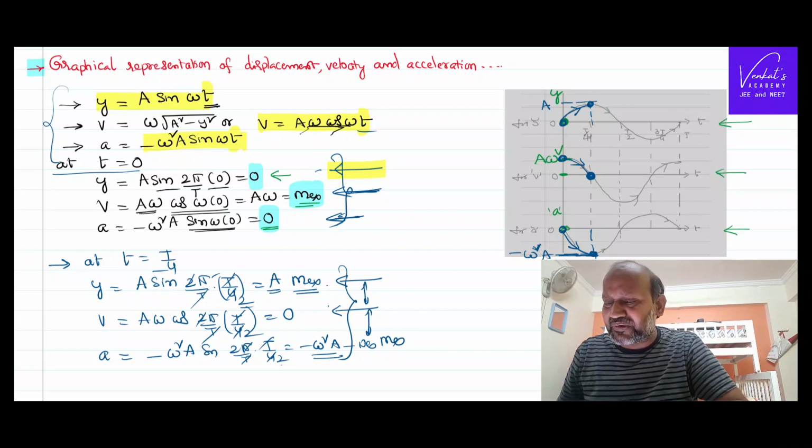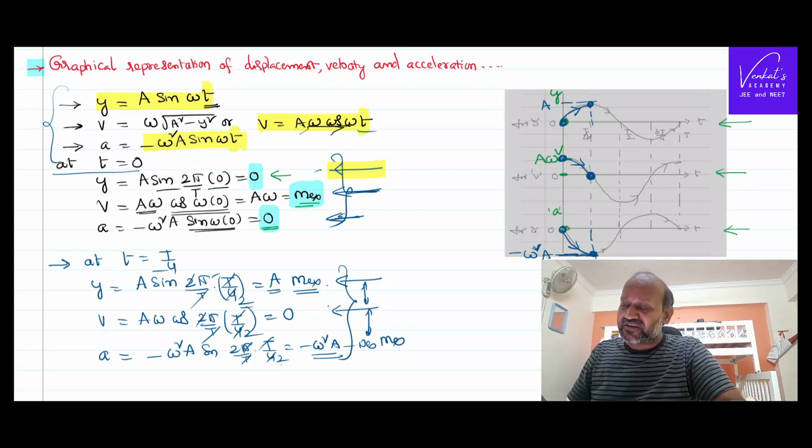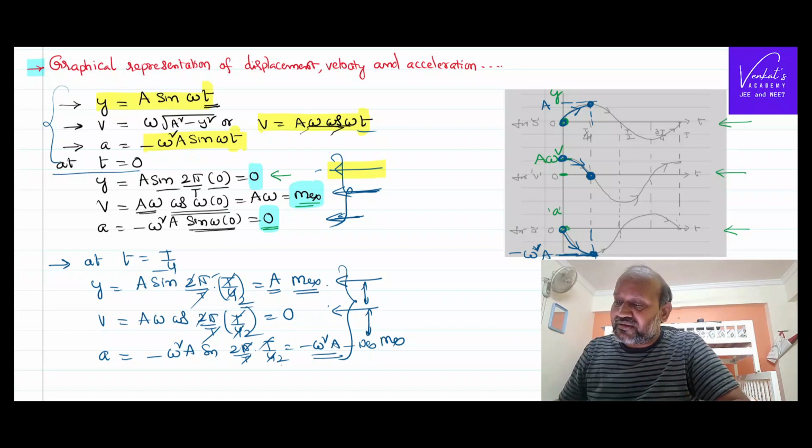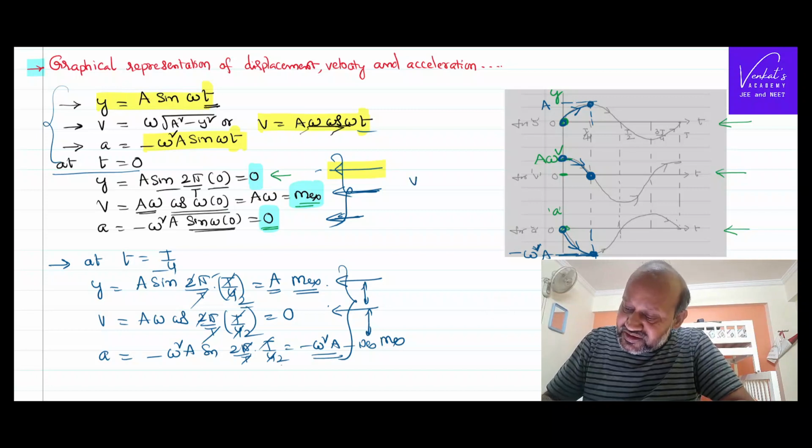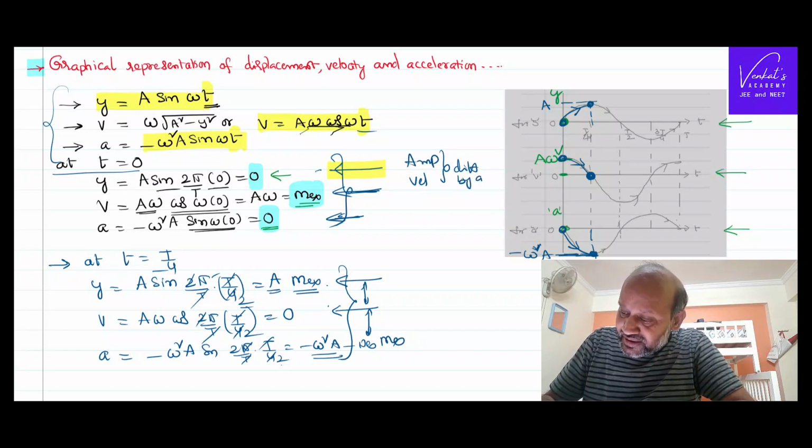We'll talk about that phase later in further videos, but I just want you to notice that displacement and velocity differ by 90 degrees.